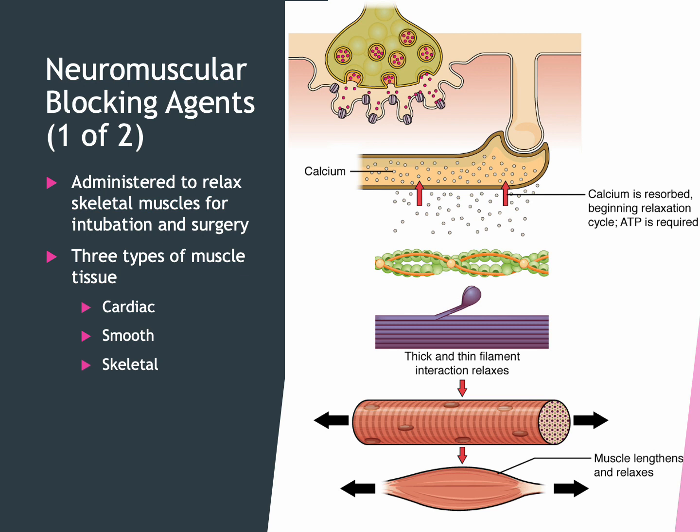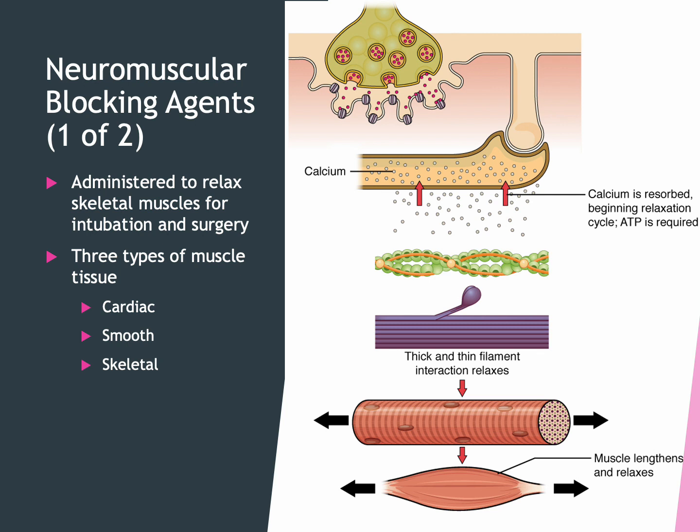As long as the agent stays bound to these receptor sites, then subsequent contractions are going to be prevented. Non-depolarizing agents, on the other hand, act as acetylcholine antagonists, and they competitively block receptor sites, and they're going to prevent acetylcholine from binding, which is going to prevent contraction.